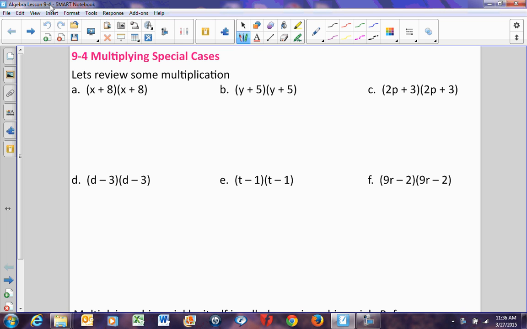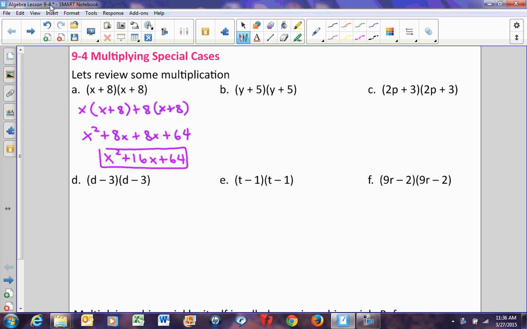If I distribute, I will have x times x plus 8 times x plus 8, which gives me x squared plus 8x plus 8x plus 64, which is x squared plus 16x plus 64. That's the final answer for that one.